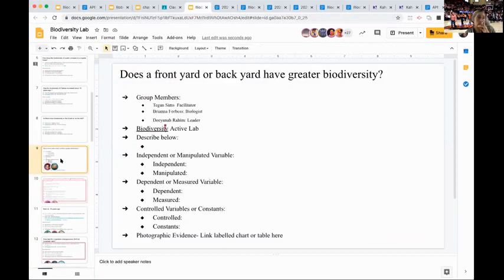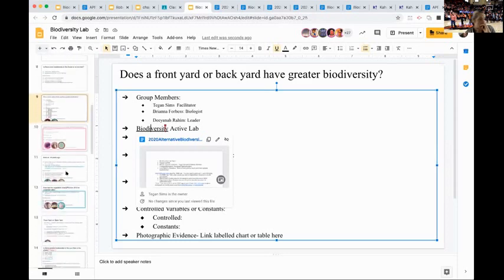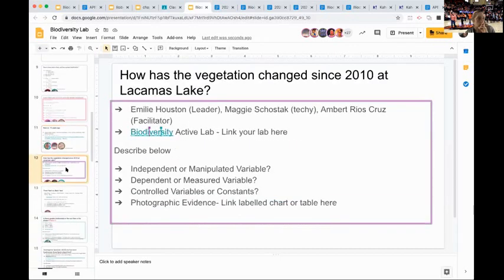Let's see. Tegan, Brianna. Yours is. Who was it? Saisha wanted me to check something. Where is that? I see Sophia, Kale, Ashley, and Quinn. Emily, Maggie, and Ambert.